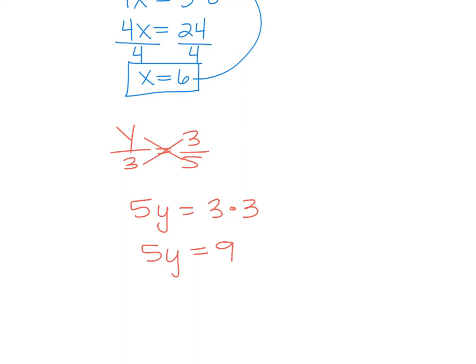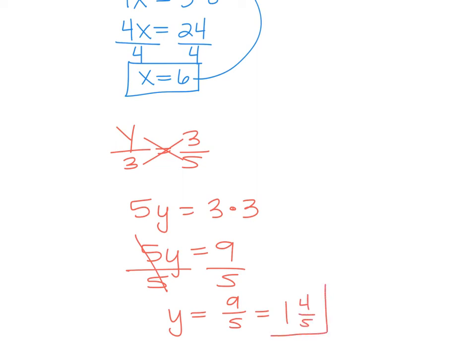And now here's where it might look like this doesn't make sense because you get this weird fraction, but that's okay. We like weird fractions. So y equals, you could leave it as 9 over 5. You could turn it into a mixed number. Can anyone turn 9 over 5 into a mixed number for me? 1 and 4 fifths.